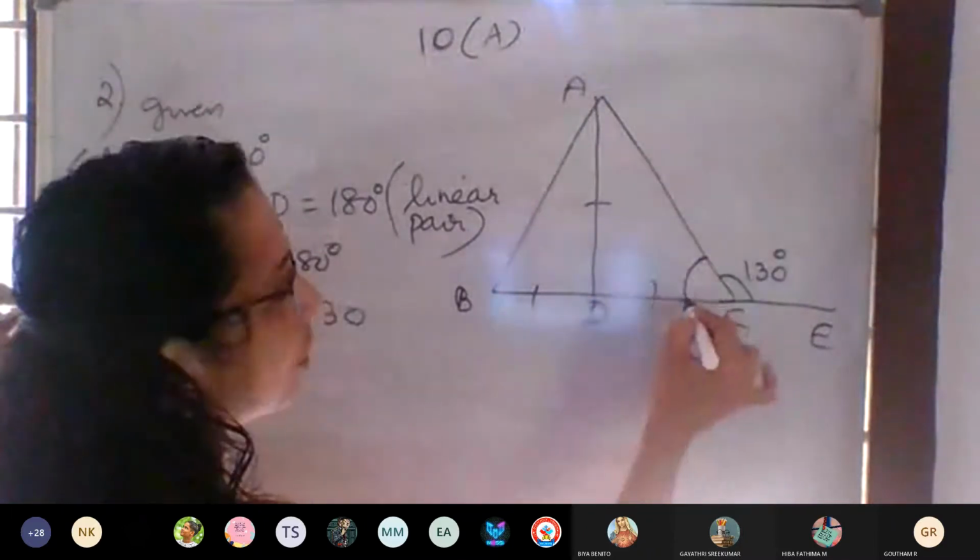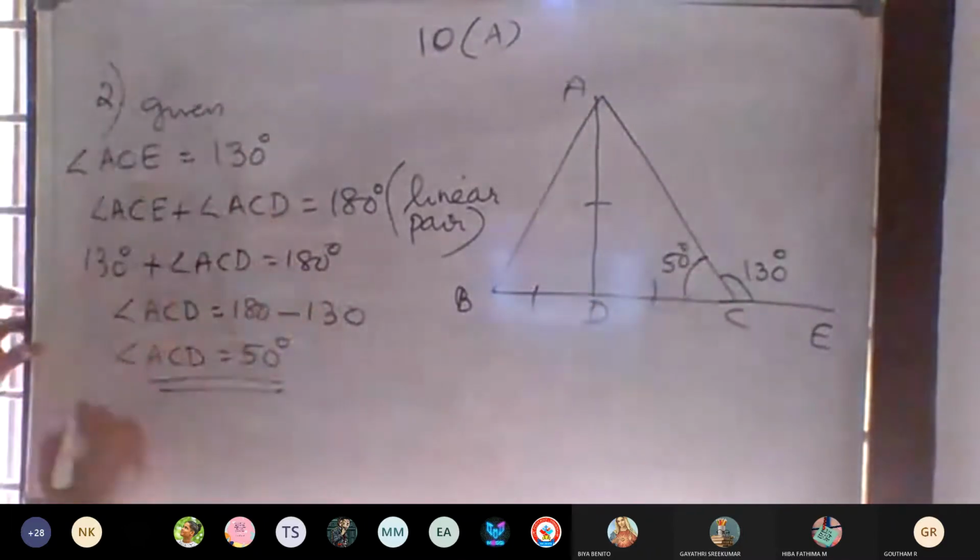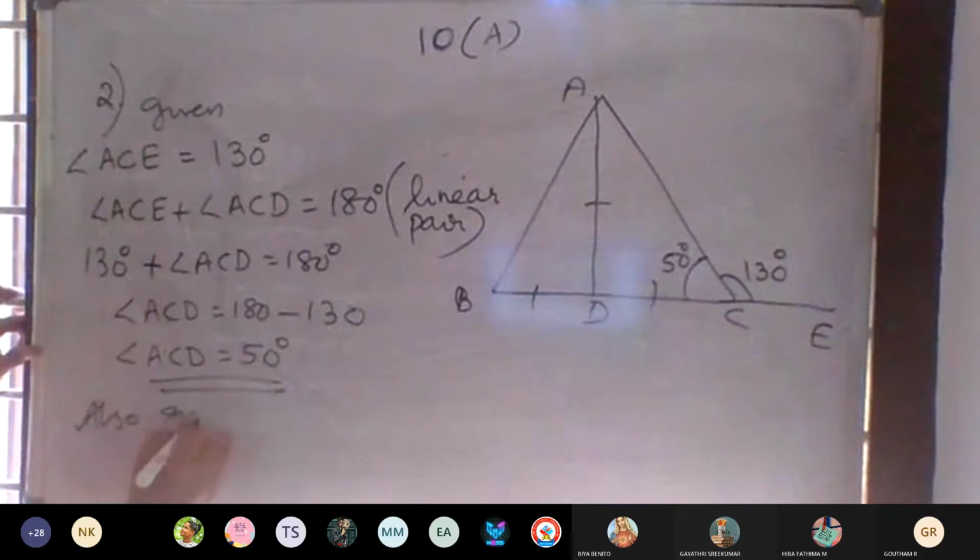Now we got angle ACD as 50 degrees. Also given, AD is equal to DC.